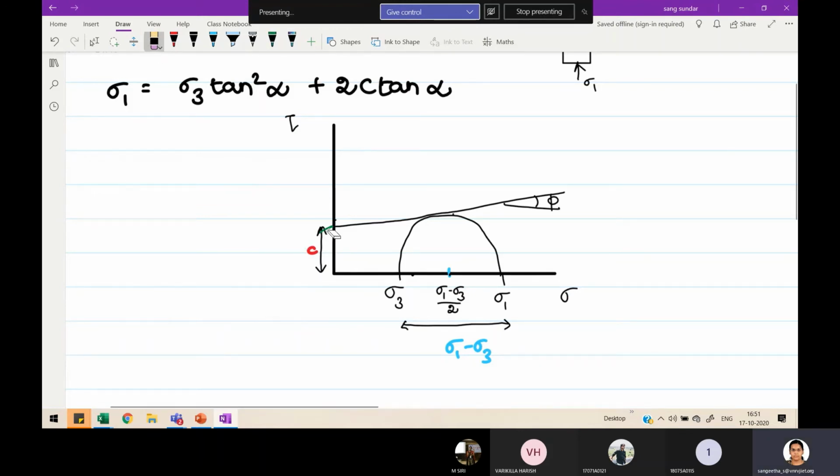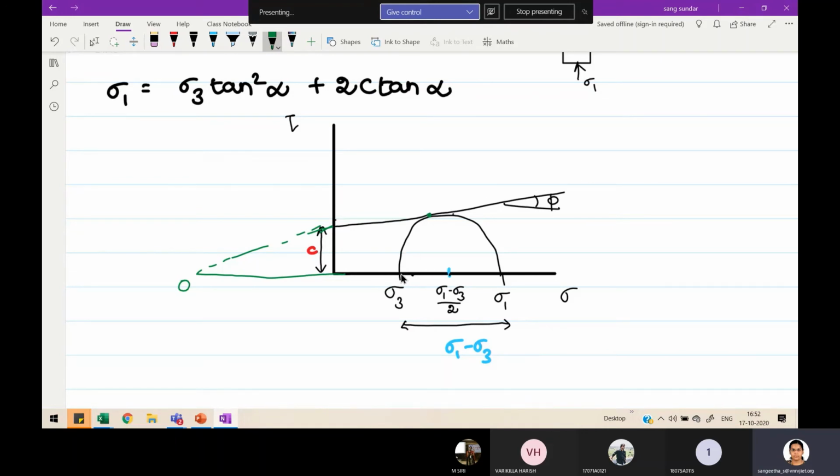Here I am not drawing with a scale, so it may not be straight, but actually you have to just extend this failure envelope and extend your horizontal axis also. Let this point be O. See, this is the point on the Mohr's circle, and your failure envelope is drawn over here.